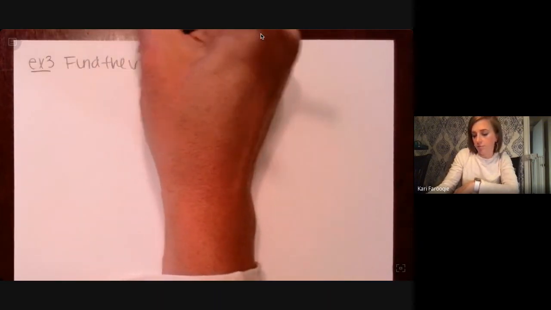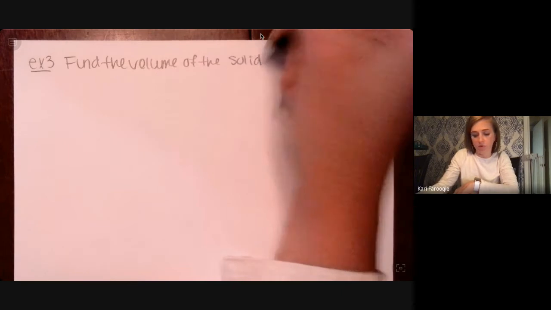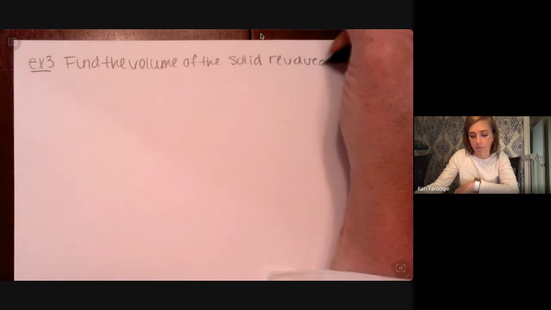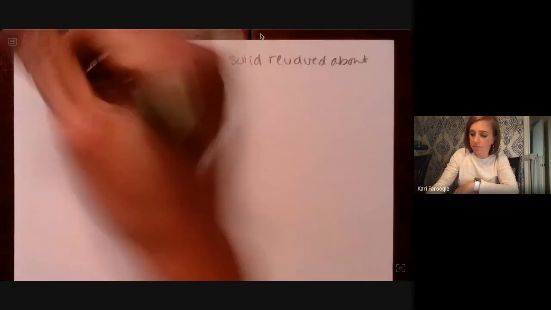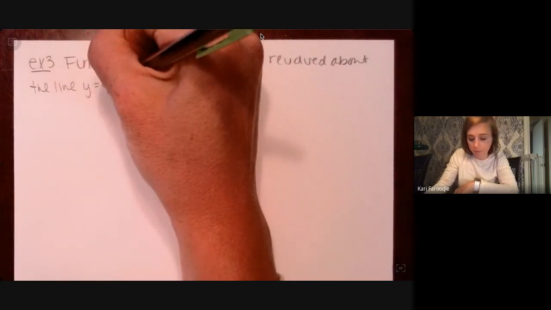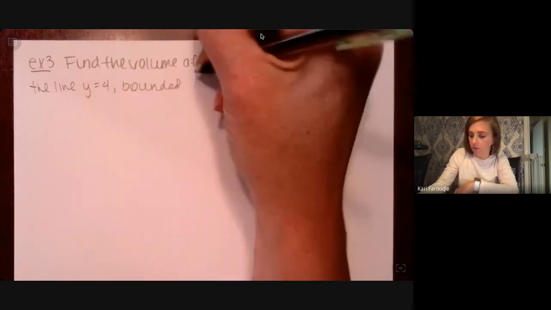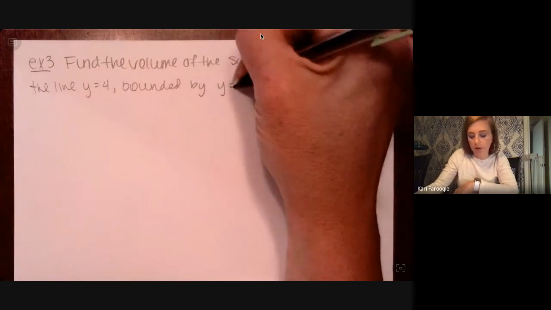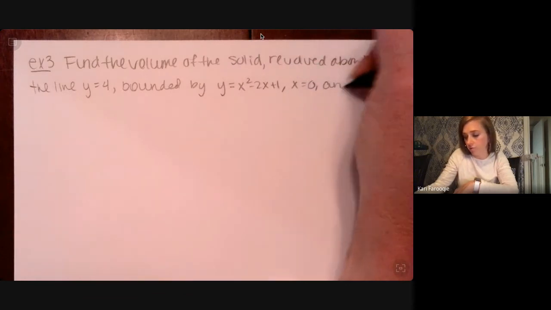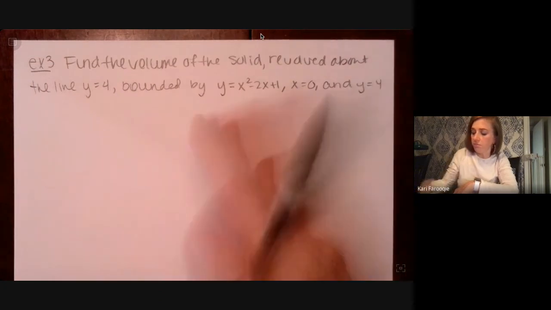Find the volume of the solid revolved about the line y equals 4, bounded by y equals x squared minus 2x plus 1, x equals 0, and y equals 4.